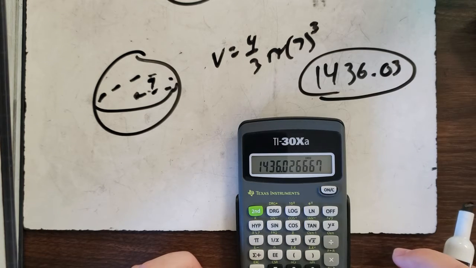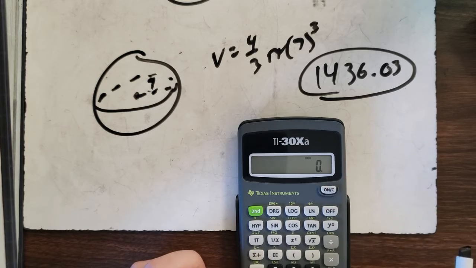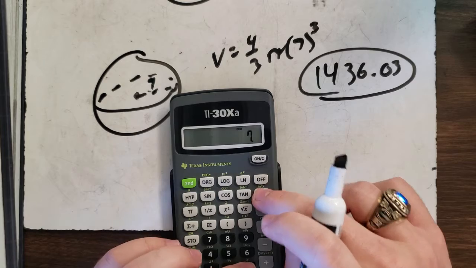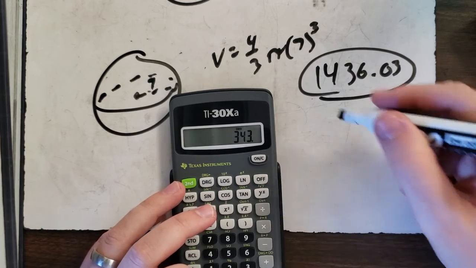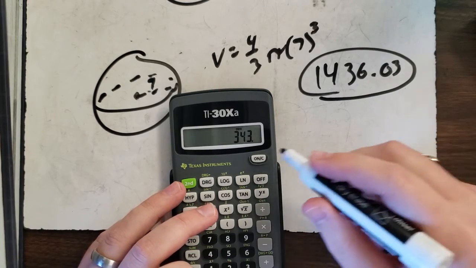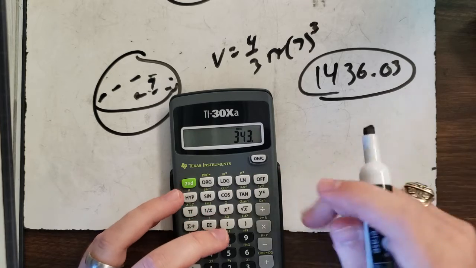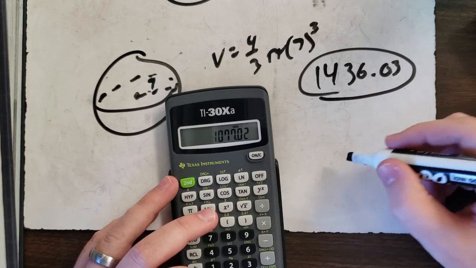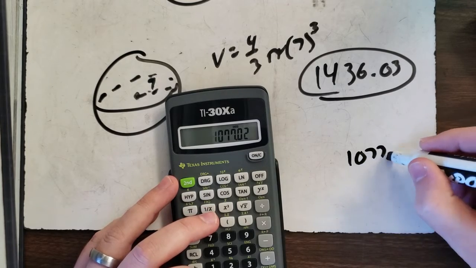Now let's try it the other way. 7 to the third power gives us 343. 343 times pi gives us 1077.02.